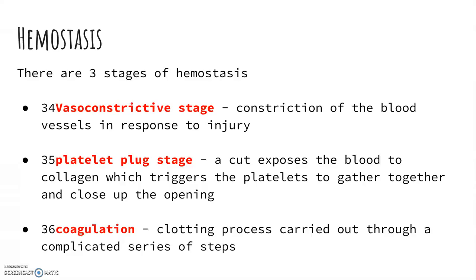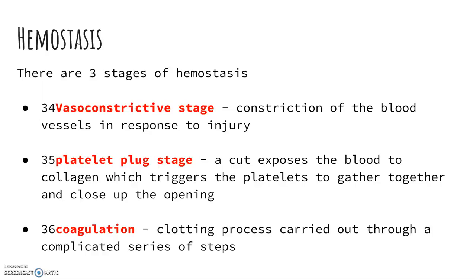This is where those platelet fragments get gathered together to form a plug, and that happens because the cut itself has exposed the blood that's leaking out to collagen, which surrounds the blood vessel. So when collagen comes in contact with blood, that starts chemotaxis, which recruits or lures platelets to the area, and it also causes the platelets to become sticky. So they'll glob together to form a platelet plug to plug up the hole.